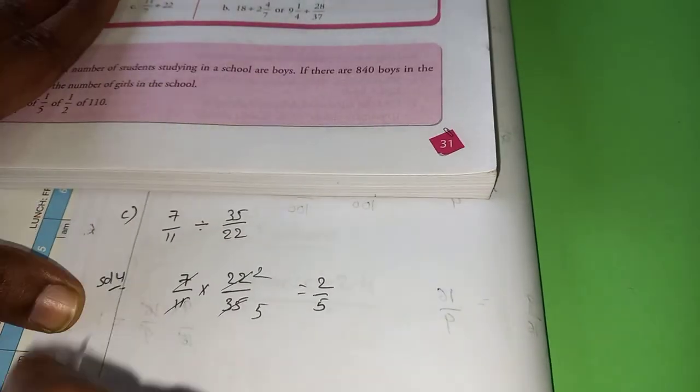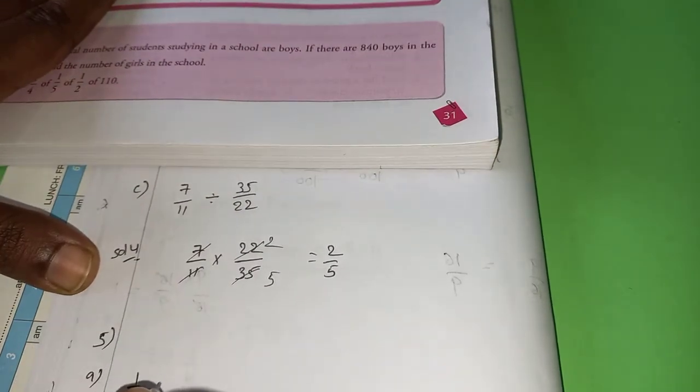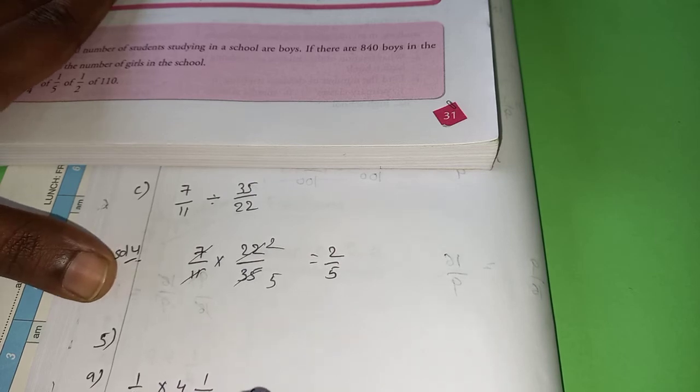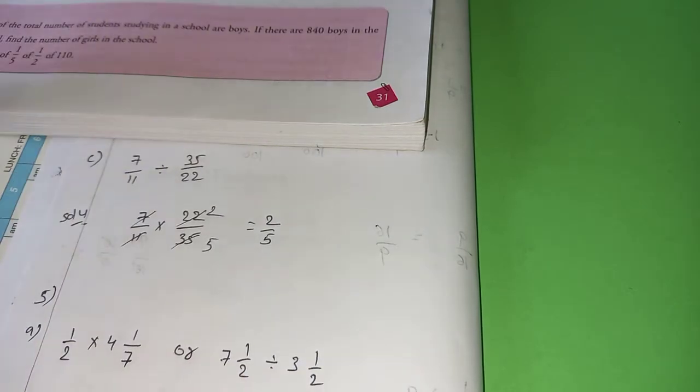Fifth one A. 1 by 2 into 4 1 by 7, or 7 1 by 2 divided by 3 1 by 2.